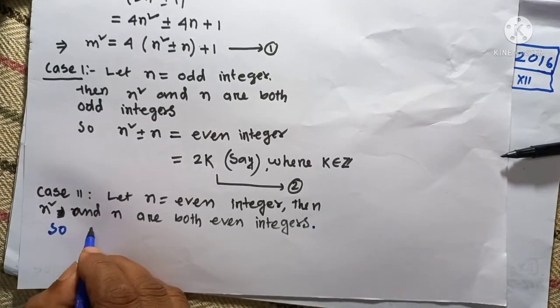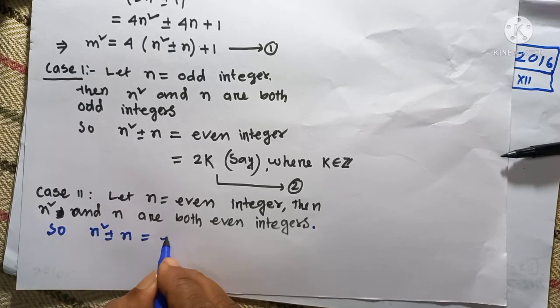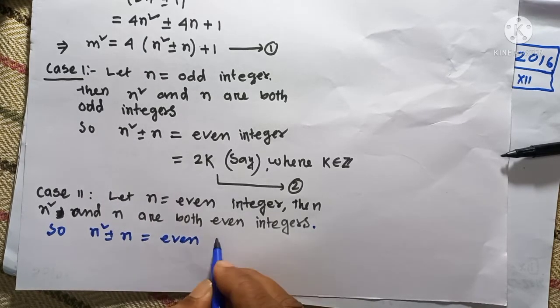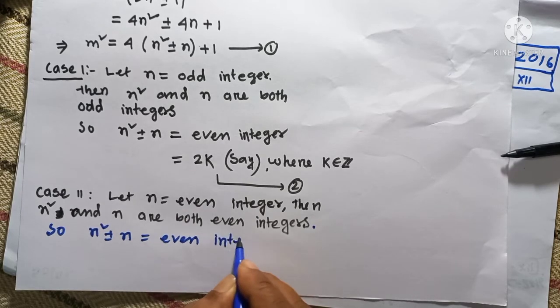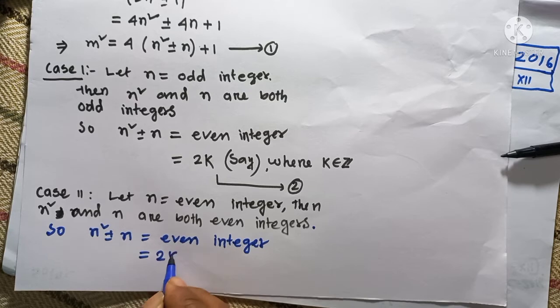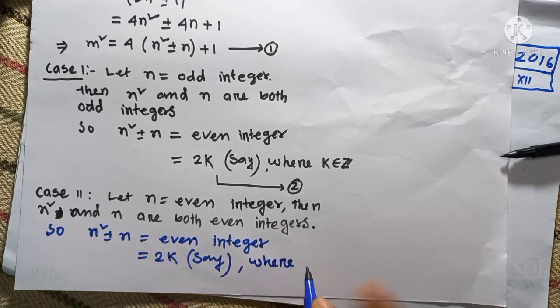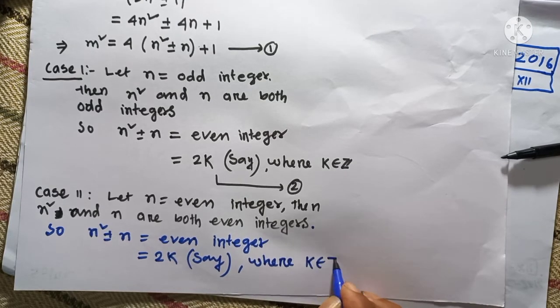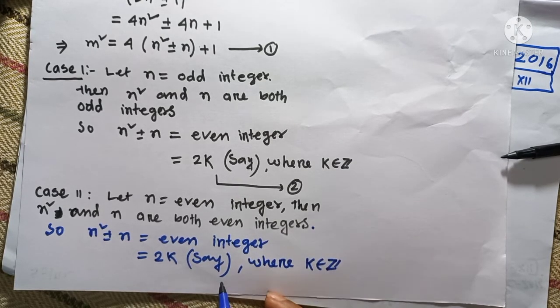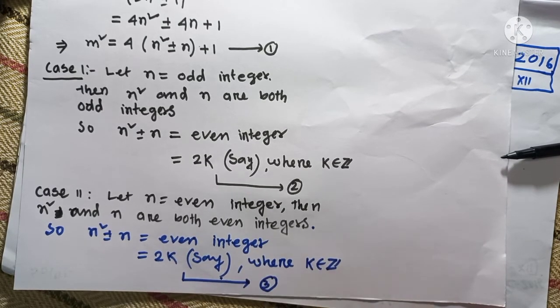So n square plus minus n equals an even integer, equal to 2k say, where k belongs to the set of integers. This is 3.